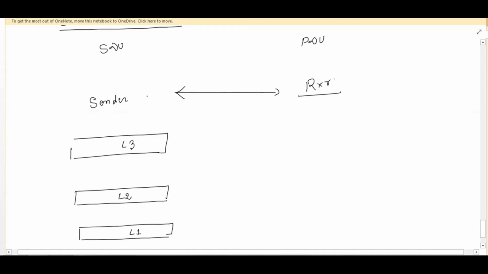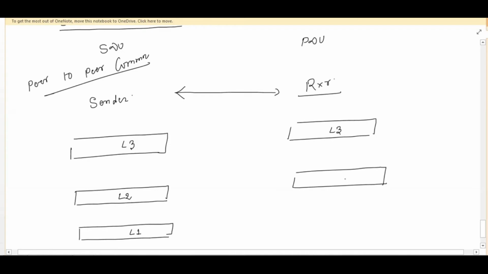In peer-to-peer communication, the sender communicates with the receiver, so the receiver must have the same protocol stack: L3, L2 and L1.